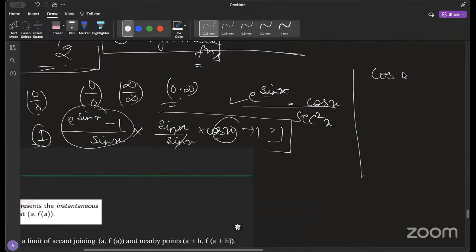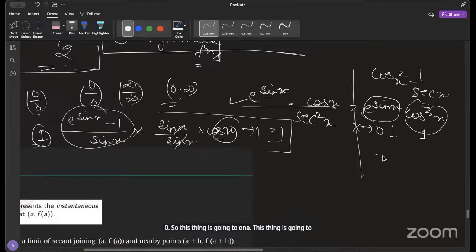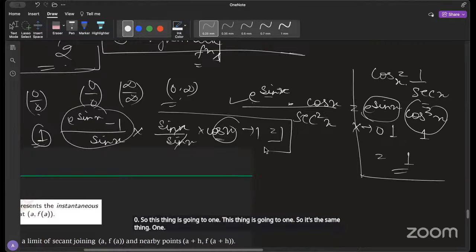Your cos is 1 by secant x, right? This thing is going to be e to the power sin x cos cube x as x tends to 0. So this thing is going to 1, this thing is going to 1. So it's the same thing, 1. You can do it either way.